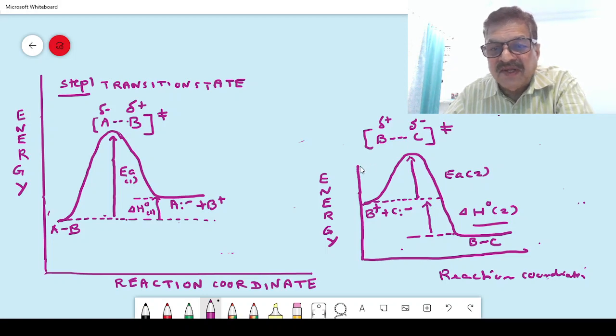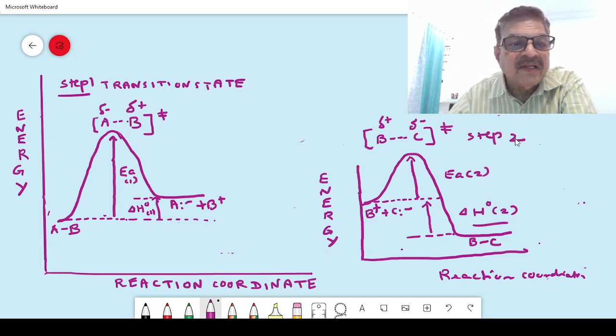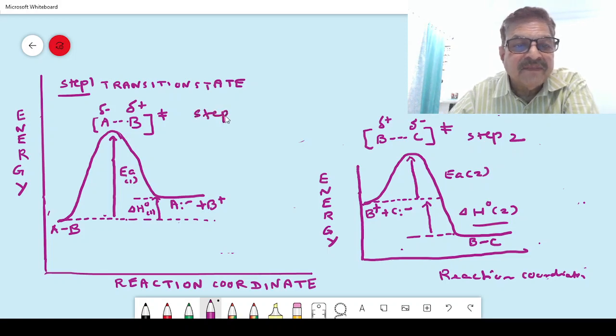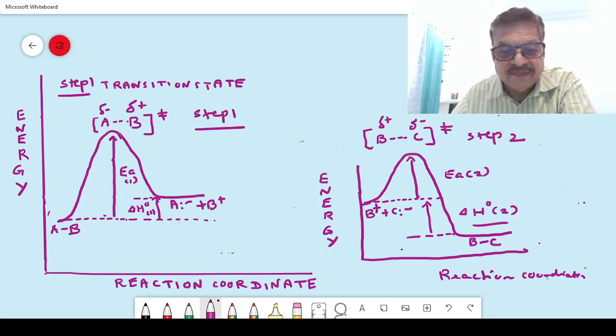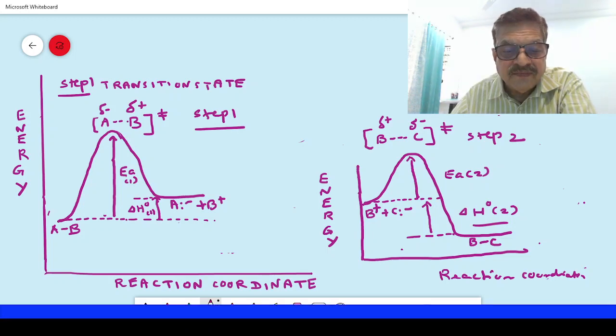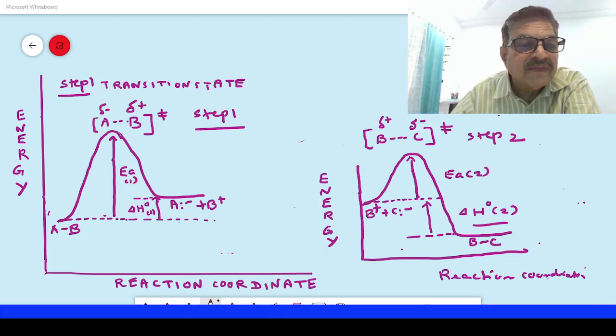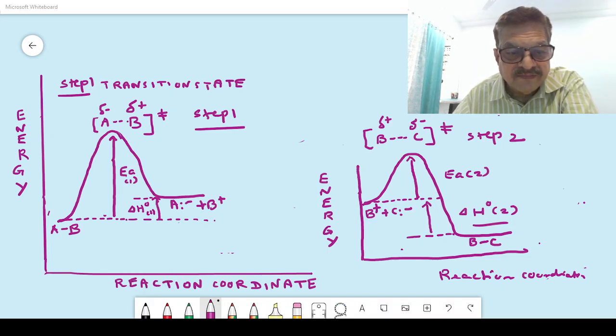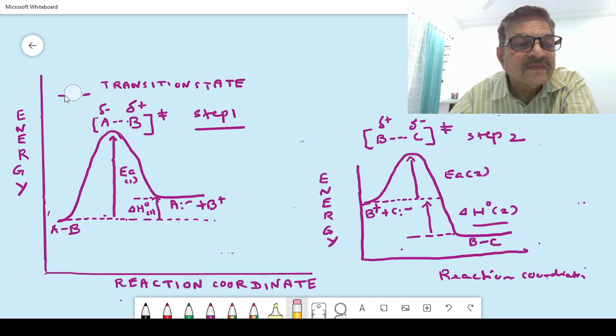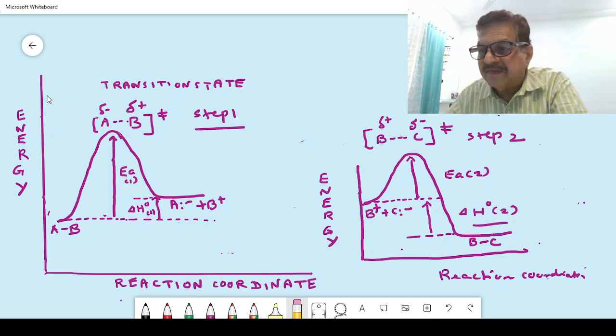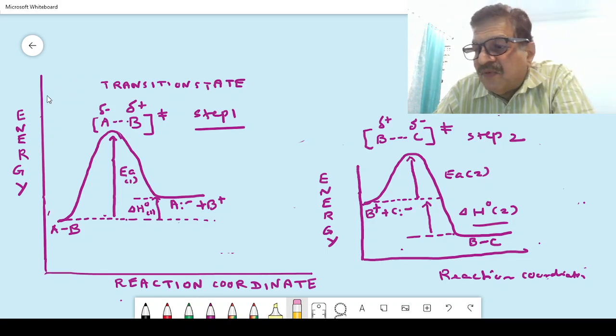This is our transition state here for step 2. And this is step 1. Correct. So this is how we have to show these transition states, step 1 and step 2.